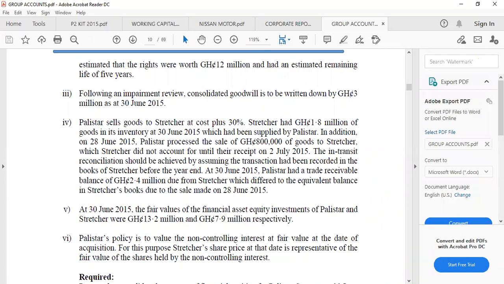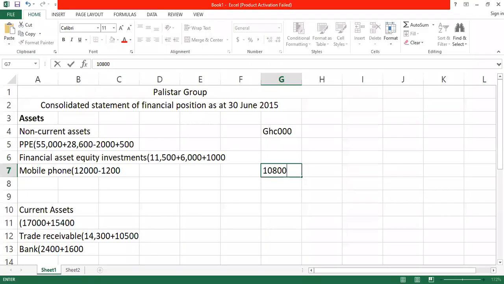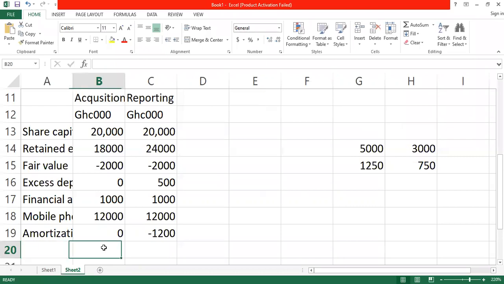For this purpose, Stretcher's share price at that date is representative of the fair value of the shares held by the non-controlling interest. The question that we solved the last time was non-controlling interest at proportionate share of the net assets at acquisition. So we don't have anything to do with the net assets again.